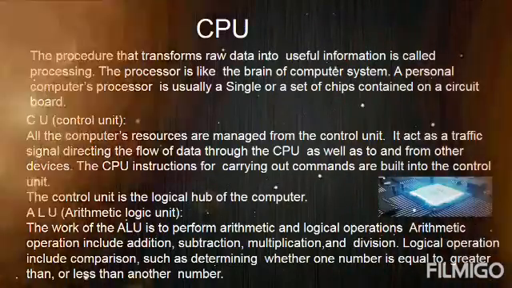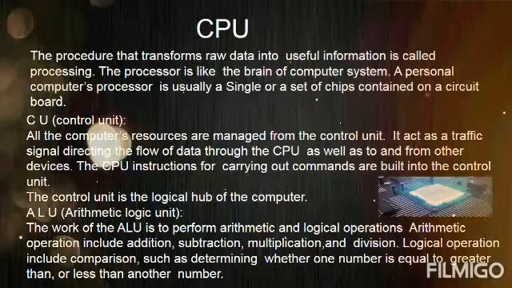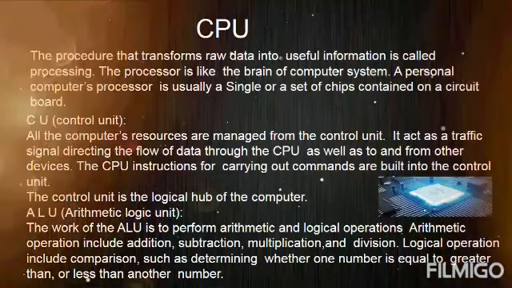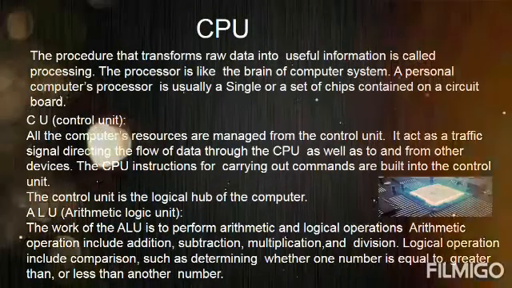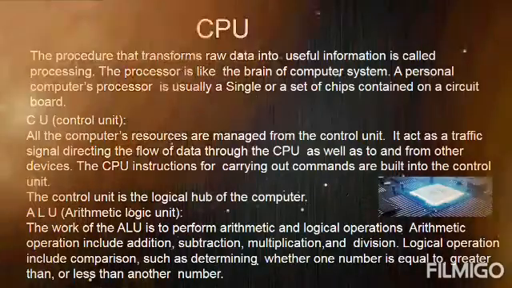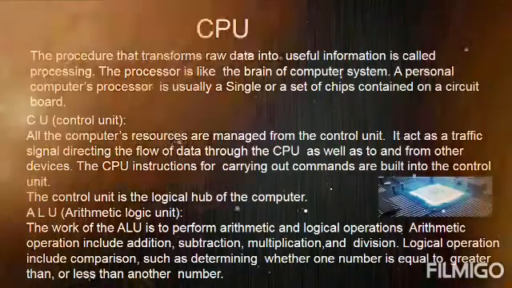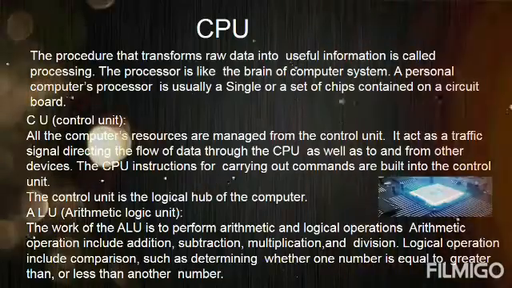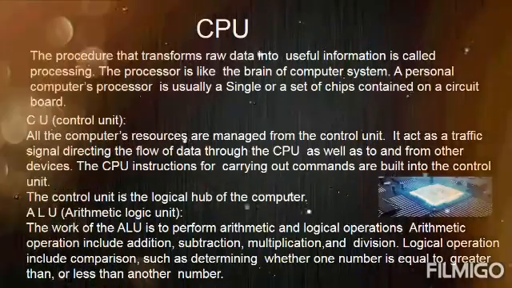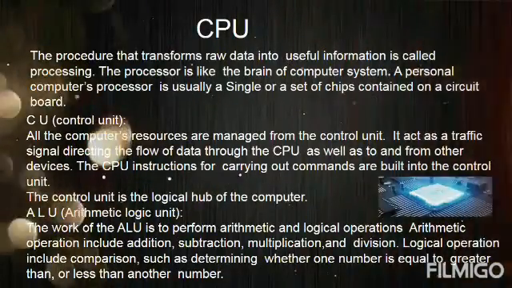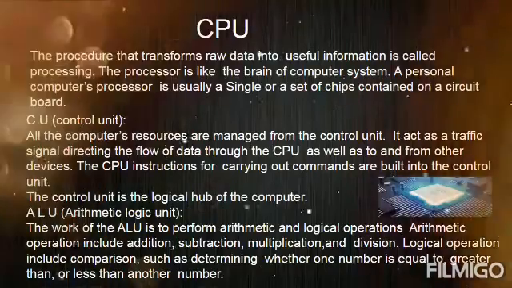Okay, so a very important device is the processing device of the computer, the CPU, which stands for Central Processing Unit. What is the function of the CPU? It takes the instructions in the form of data, processes them and produces useful information.